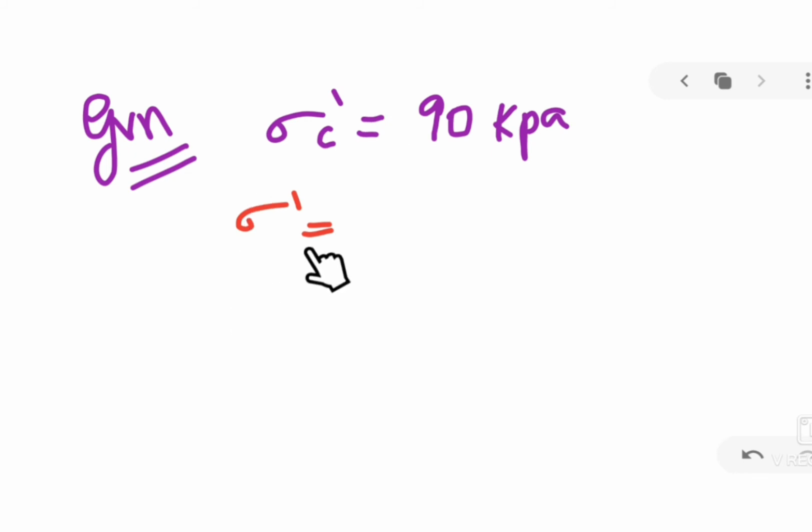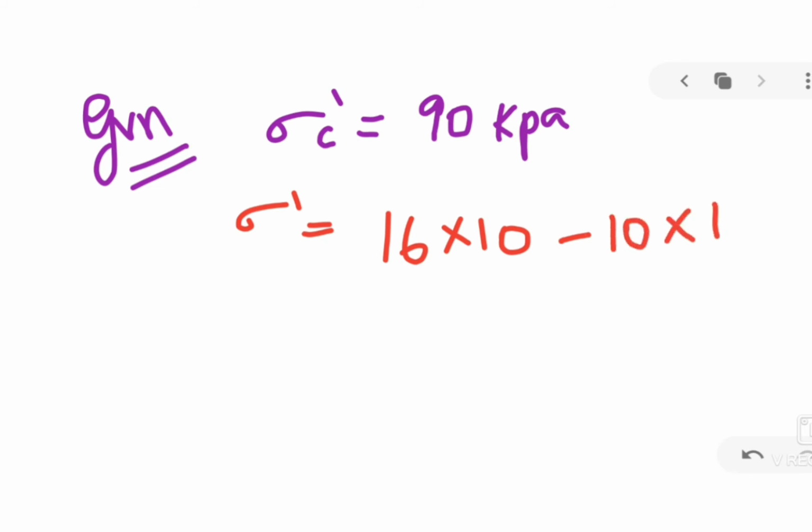Now the currently present effective pressure we have to find. For that they have given soil unit weight, that is 16. So 16, and under the depth 10 meter only they sampled it. So 16 into 10. Always we will subtract the pore pressure for finding effective pressure. So subtract that pore pressure, that is 10 meter depth and 10 is the unit weight of the water.